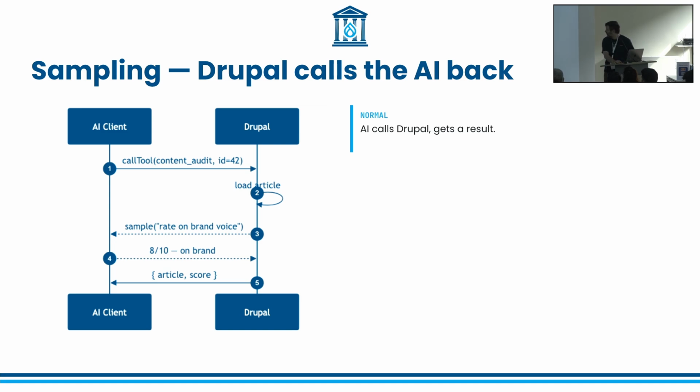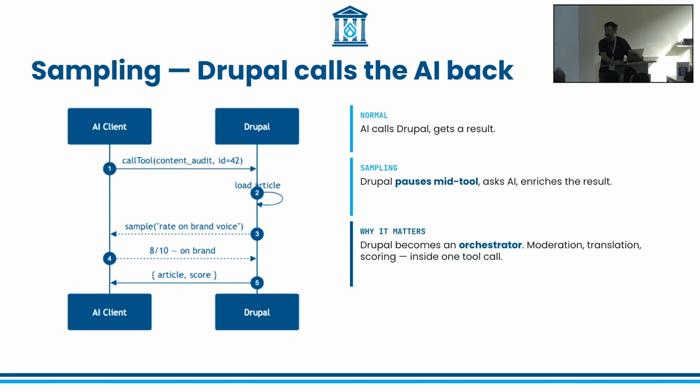So in the flow, as shown, there is the AI client, there is Drupal, and there is a tool, an audit tool, let's say. Someone calls that tool and says, I want to audit content type article, content ID 42, and Drupal loads the article. Then Drupal can ask the LLM to rate it on brand voice, and your LLM can use that article, rate it, and return it to Drupal.